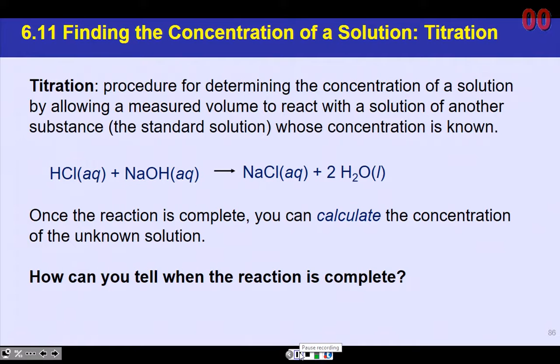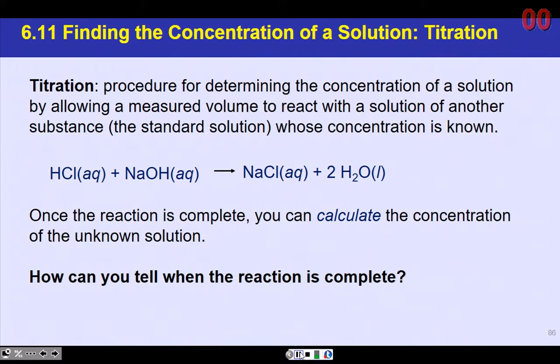A titration is a procedure that we use to determine the concentration of a solution by using a measured volume to react with some other solution of another substance whose concentration is known. The one with a known concentration is called a standard solution.